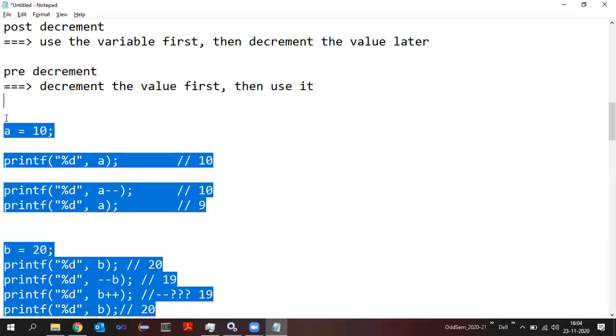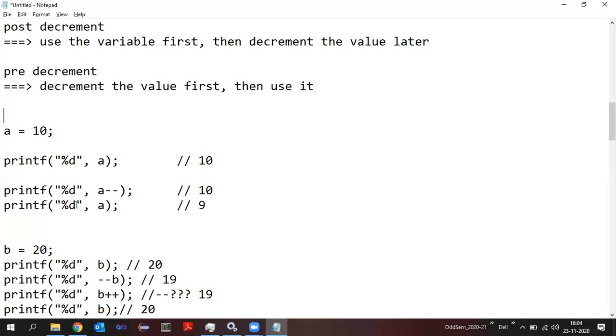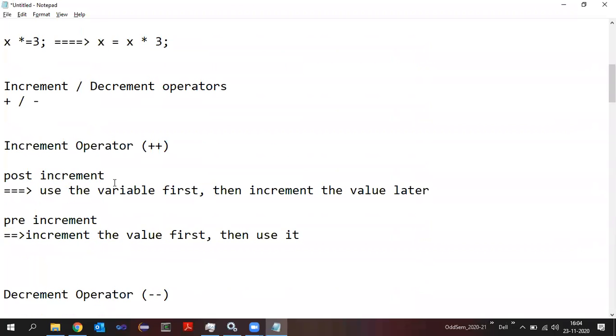Eventually, in most of our programs, wherever we write increment and decrement operations, you will come to know how pre-increment and post-increment work. As of now, just remember that increment and decrement mean we need to add something or subtract something. What is that something here? That is 1. Increment and decrement operators are represented as plus plus and minus minus.